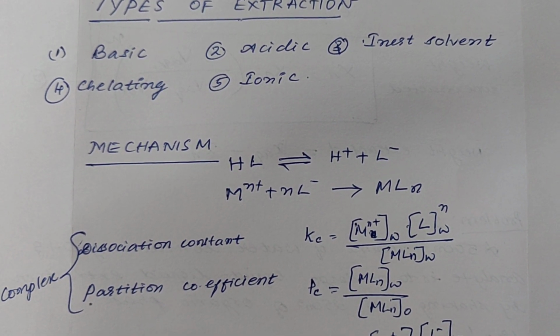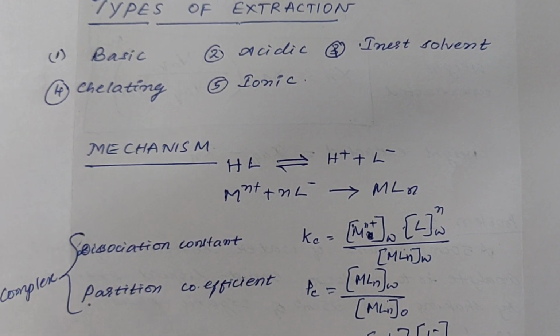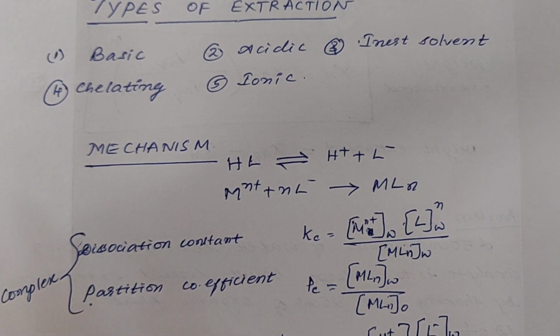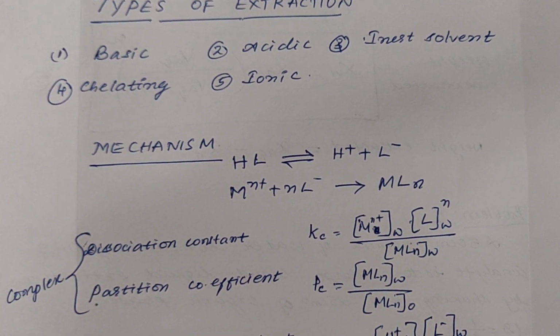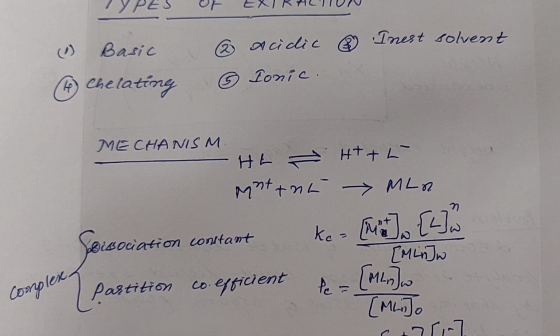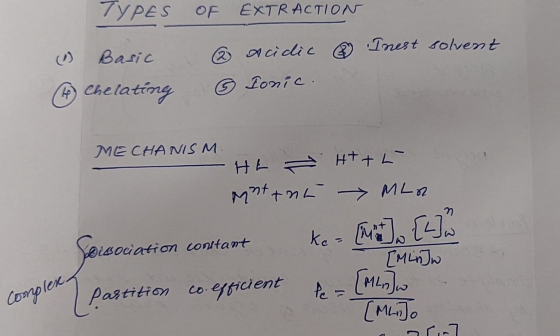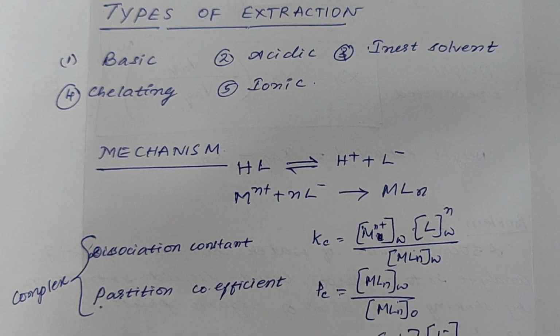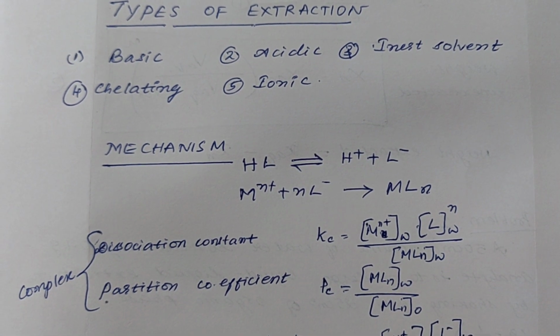So consider a complexing reaction wherein you are going to use a chelating agent or a complexing agent, and you are going to do the extraction. Here, consider HL as the compound which is going to provide you with the ligand after dissociation, giving rise to H plus and L minus.